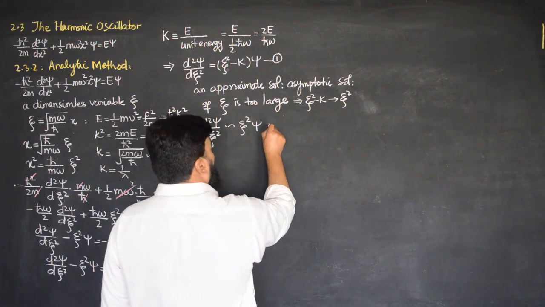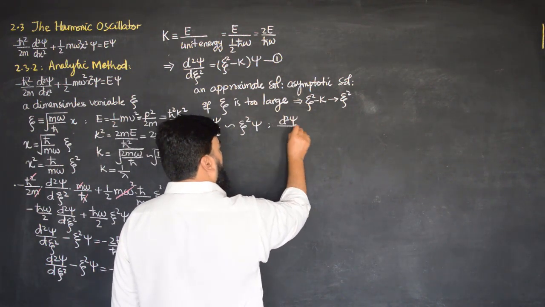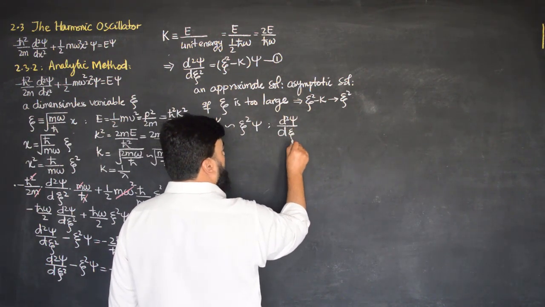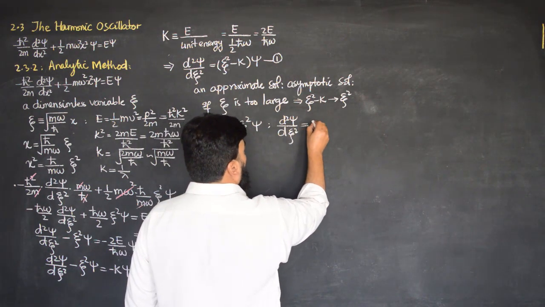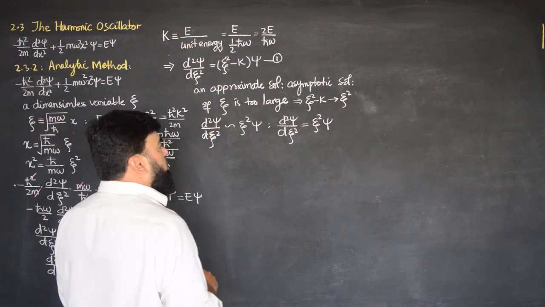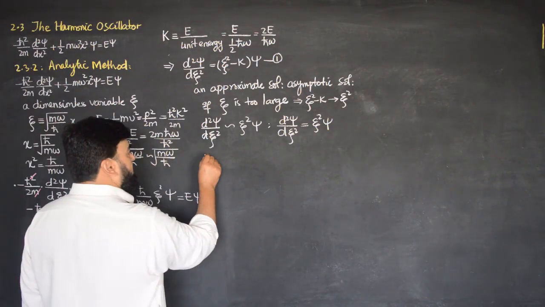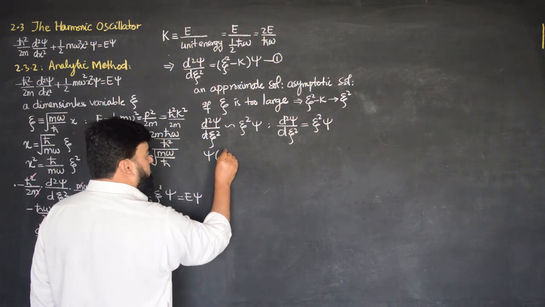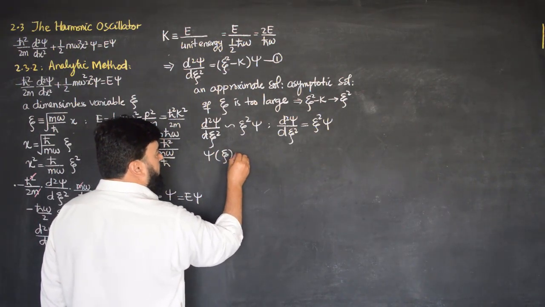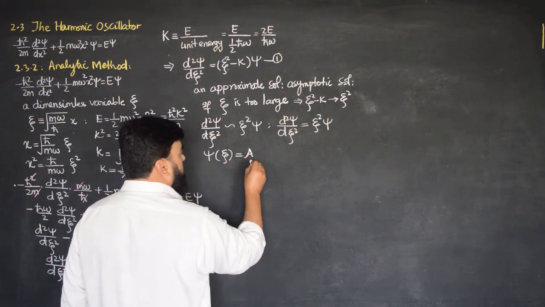Now to solve this equation, d square psi over d xi square is equal to xi square psi. The solution of this equation, we know that psi as a function of xi will be equal to a constant.